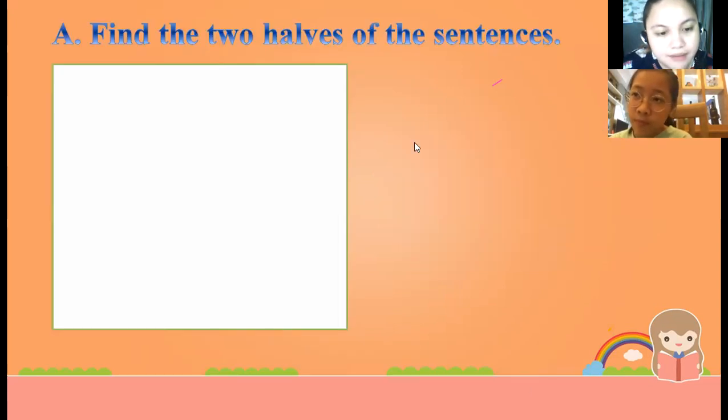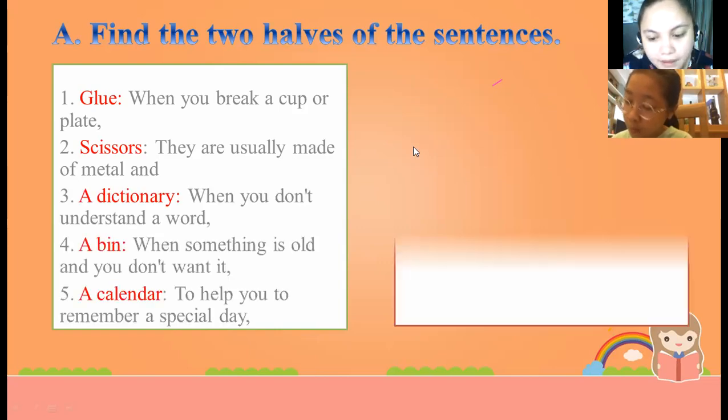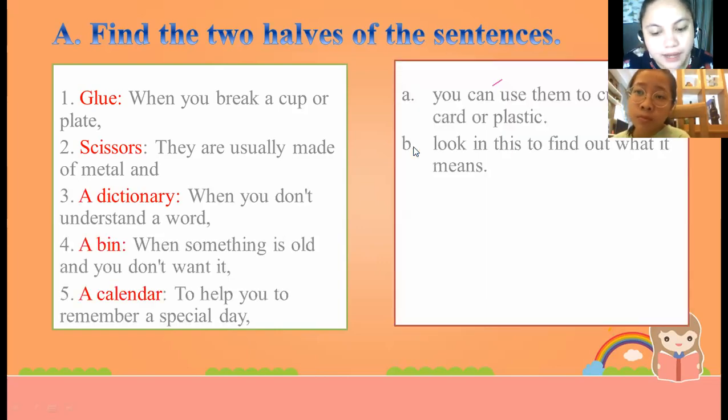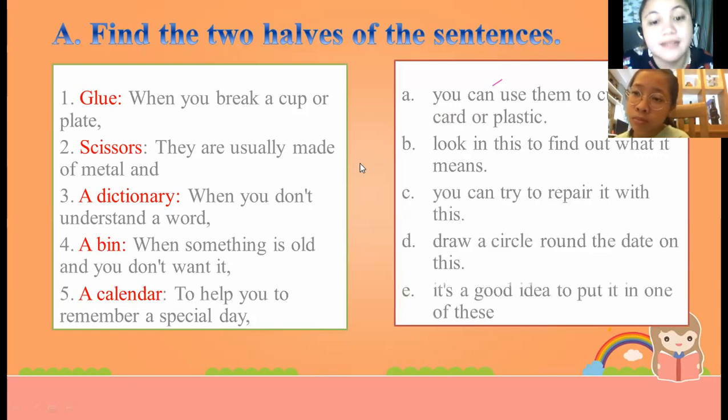Now let's have letter A. Now you have here some choices so that you can complete the sentences.